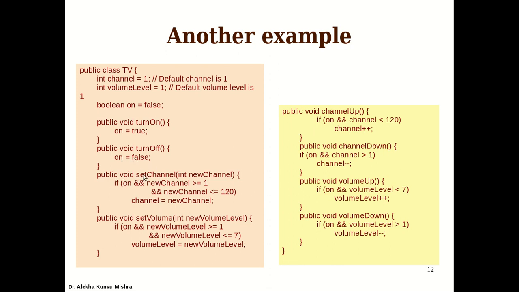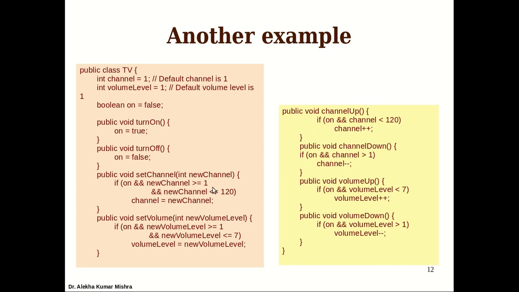Then you set the channel, where a new channel number is given. We check first that the TV has to be on, so the on value has to be true, and the new channel should be within the channel range. We cannot assign channel 220 when the TV can take only 100 channels.